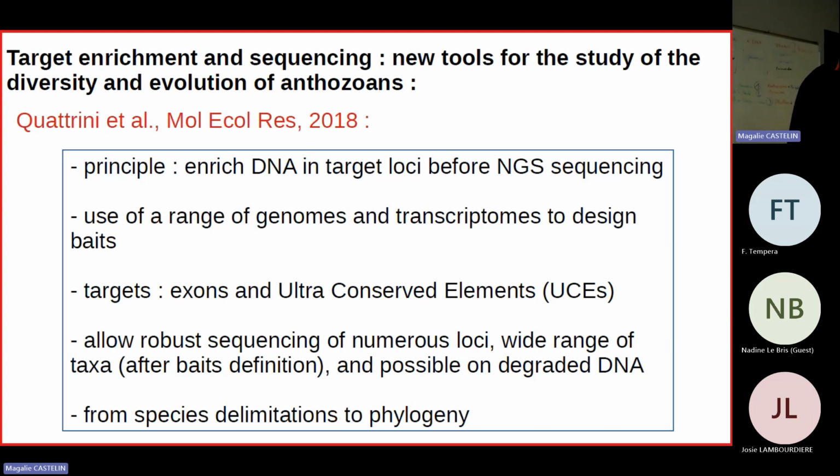It's more interesting than, in fact, RAD sequencing, which is not useful for deep phylogenies. So just to remind you that all the discussions we have about the new definitions of families, plus the last article of Catherine McFadden, are based on these phylogenies, which are built with these kinds of markers.